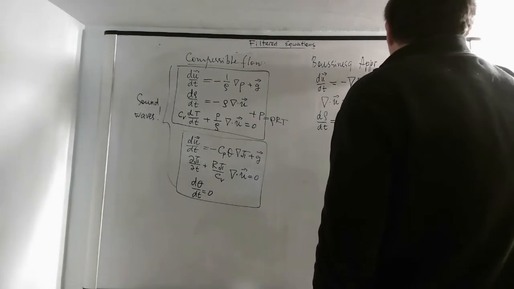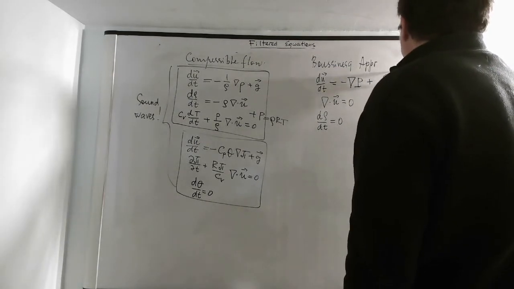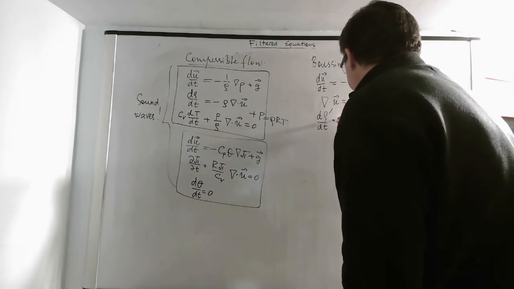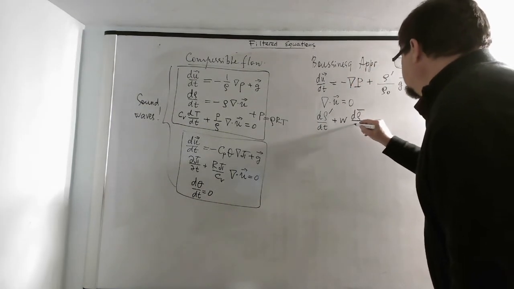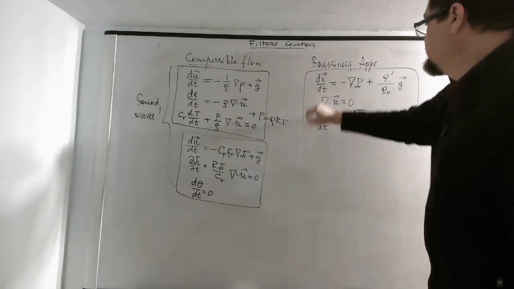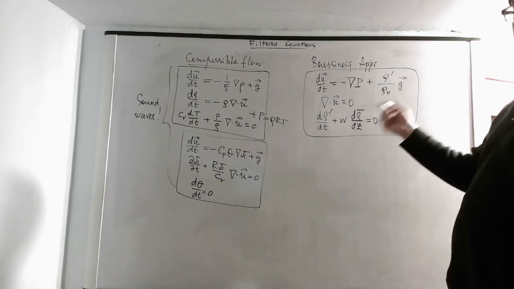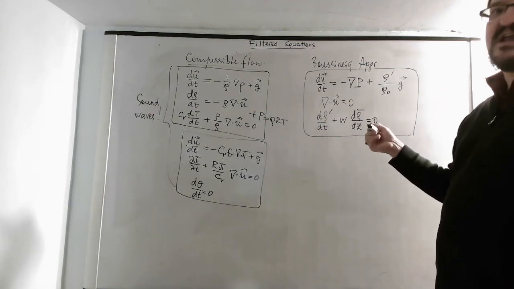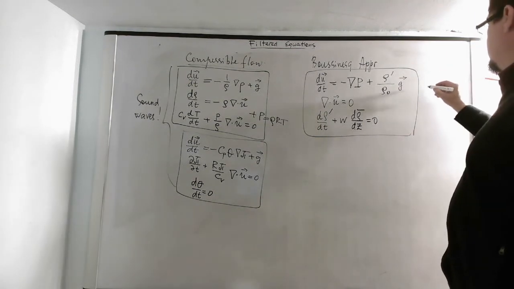Or if we write it with rho prime, then it's d rho prime dt plus w d rho reference state dz equals 0. So this is the Boussinesq approach. It's valid again only for the boundary layer and for the ocean. For the ocean it's valid for basically the whole ocean. In the atmosphere it's only valid very low in the atmosphere, not the whole troposphere. So no sound waves.